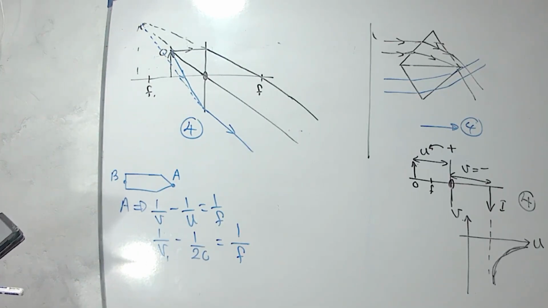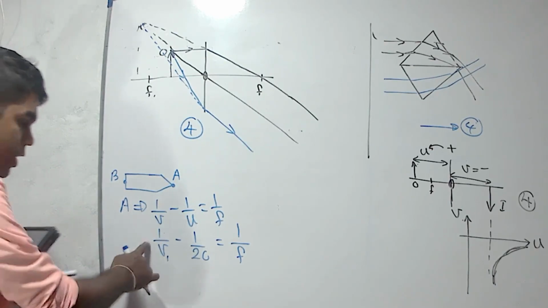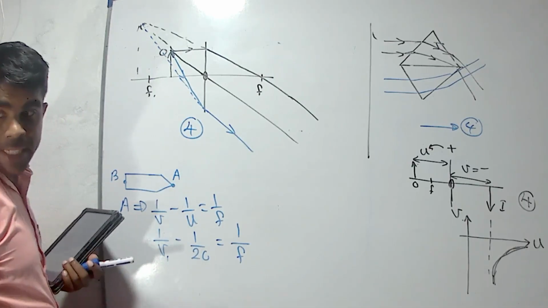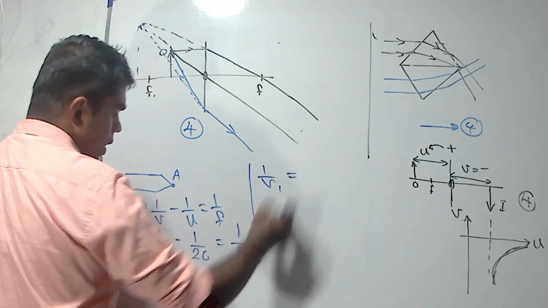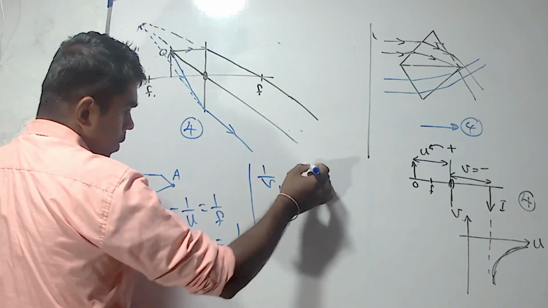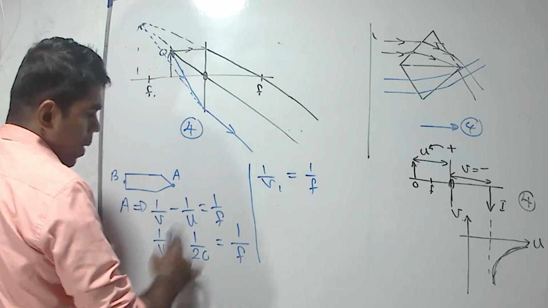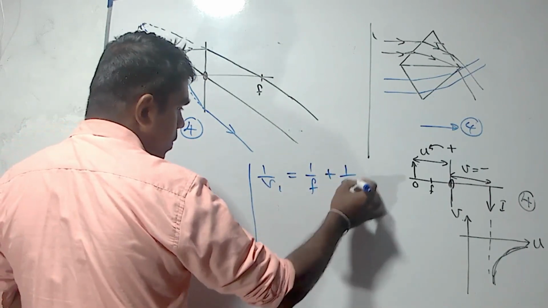Then I will find the V1 value by using this equation. Then we can get 1 over V1 equals 1 over F plus 1 over 20.